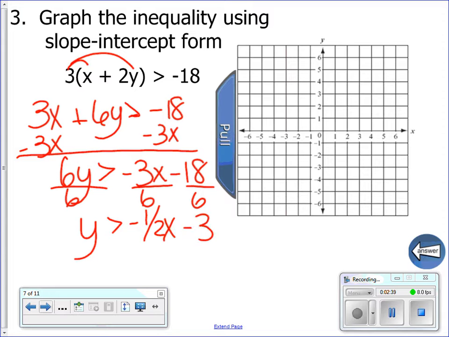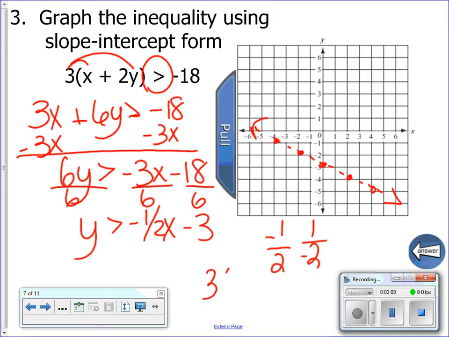So I'm going to graph it. I begin at -3, and then I can go down 1, right 2, or I can go up 1, left 2. So down 1, right 2, down 1, right 2, or up 1, left 2, up 1, left 2. My line is dashed, and then I'm going to plug in (0, 0).